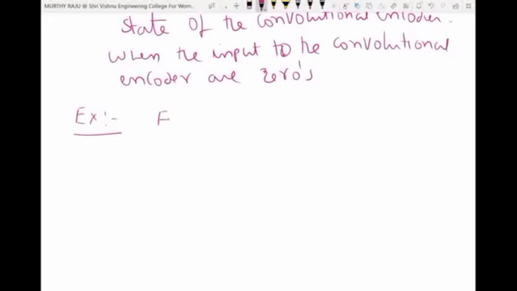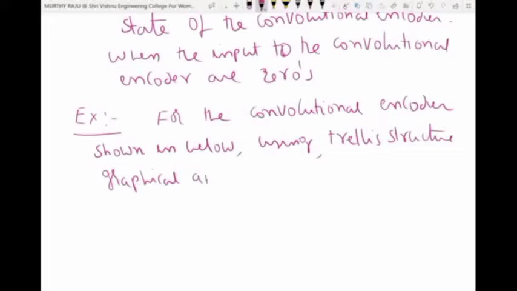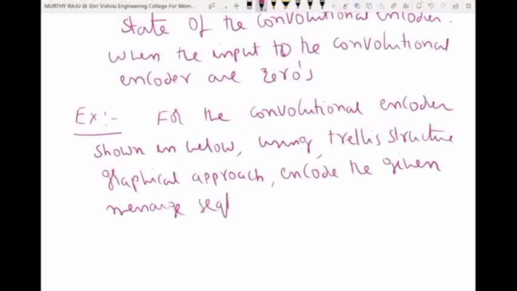For the convolutional encoder shown below, using the trellis structure graphical approach, encode the given message sequence m is equal to 10011.